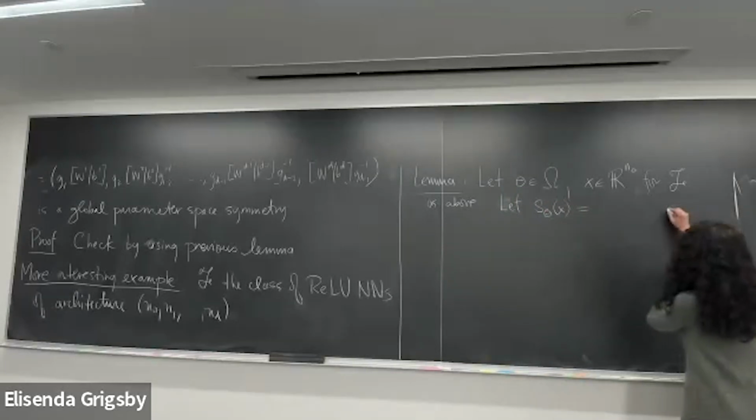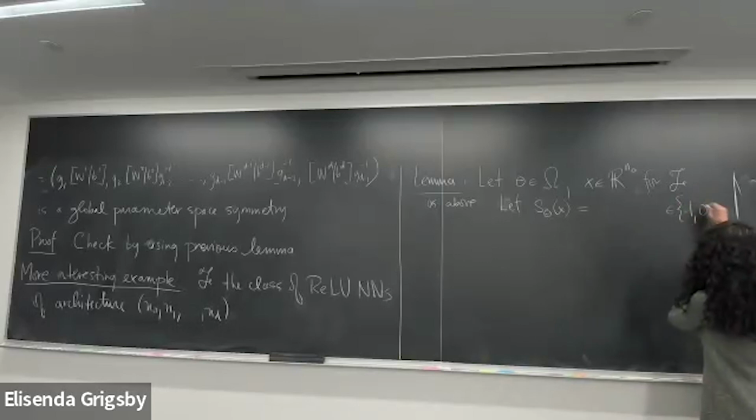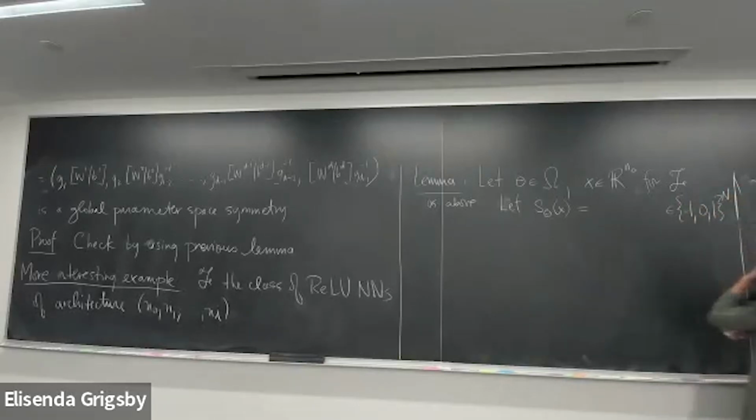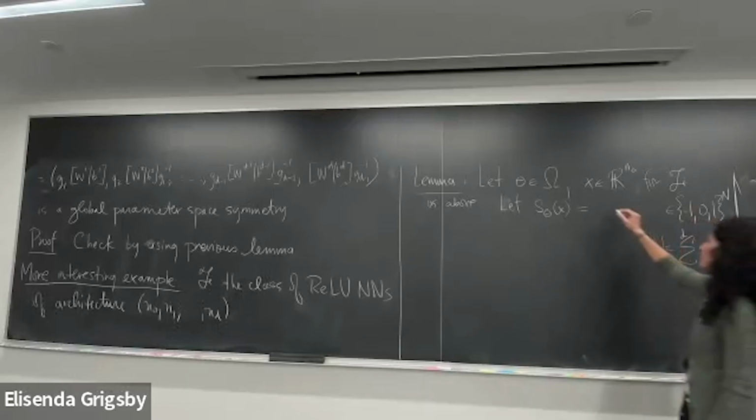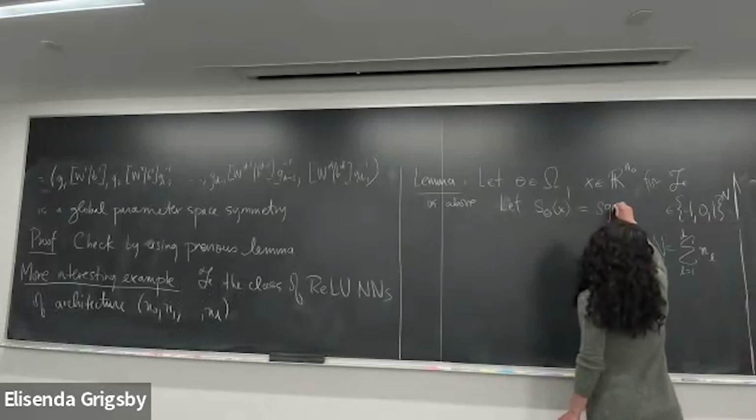We talked about this at length, but let me remind you. n is the total number of non-input neurons, indexed from 1 to d. Now you're just recording the sign of the pre-activation output of each intermediate neuron. This is the vector of signs.